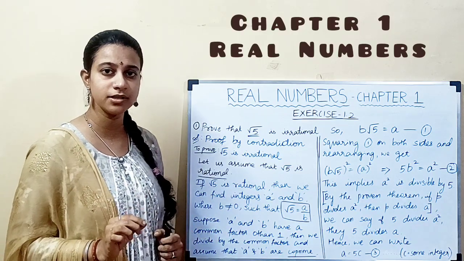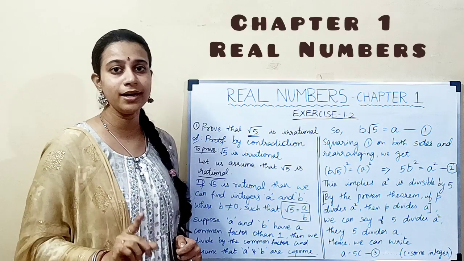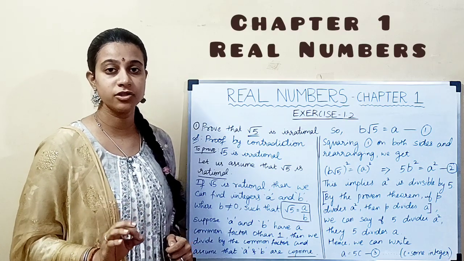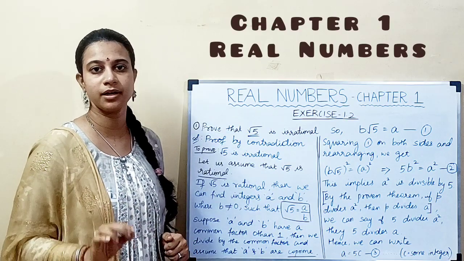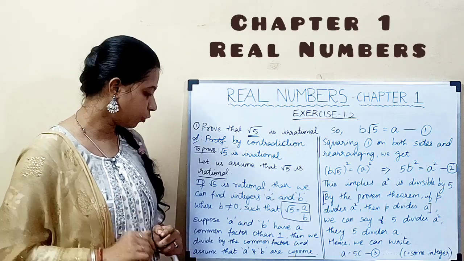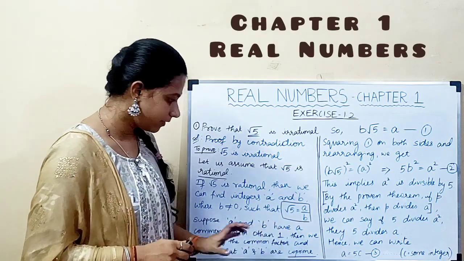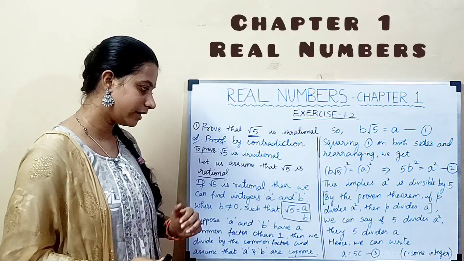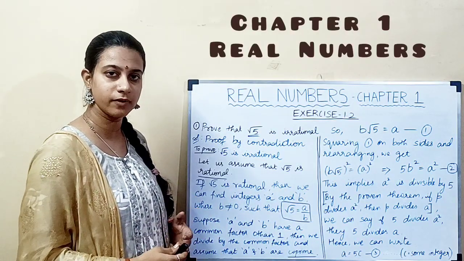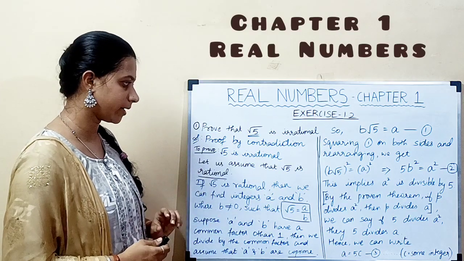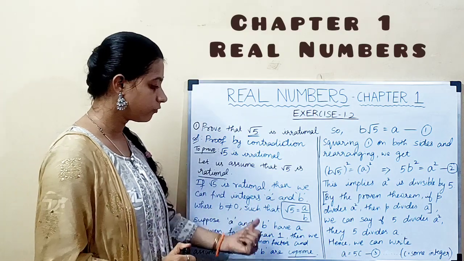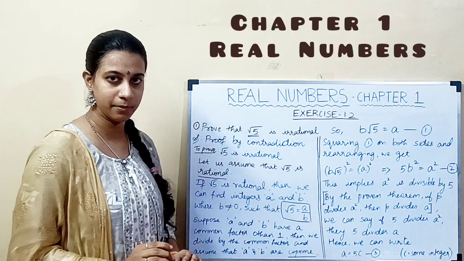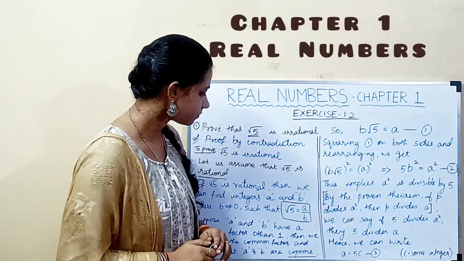So any two numbers having only 1 as the common factor, and no other common factor, are called co-primes. So we are just imagining that a and b have some common factor, and we divide a and b by the common factor and make them co-primes. So for now, root 5 is equal to a by b, and a and b are co-primes.